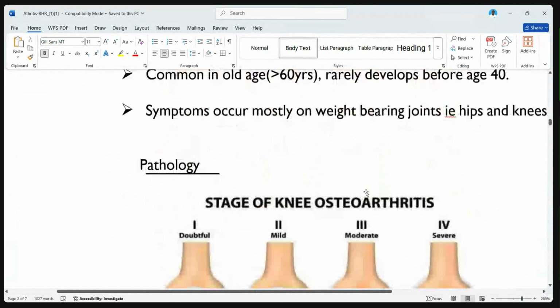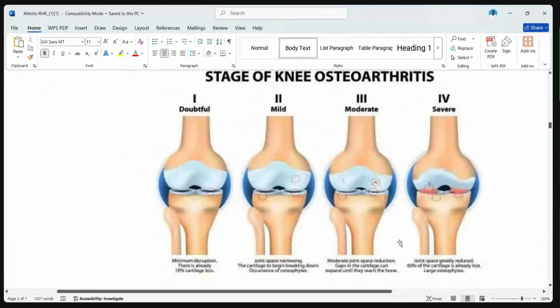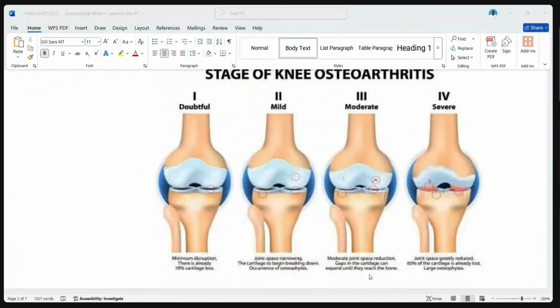So when you talk about osteoarthritis, we are basically referring to arthritis of the bones. And which bone? Majorly the weight-bearing bones, to be precise.